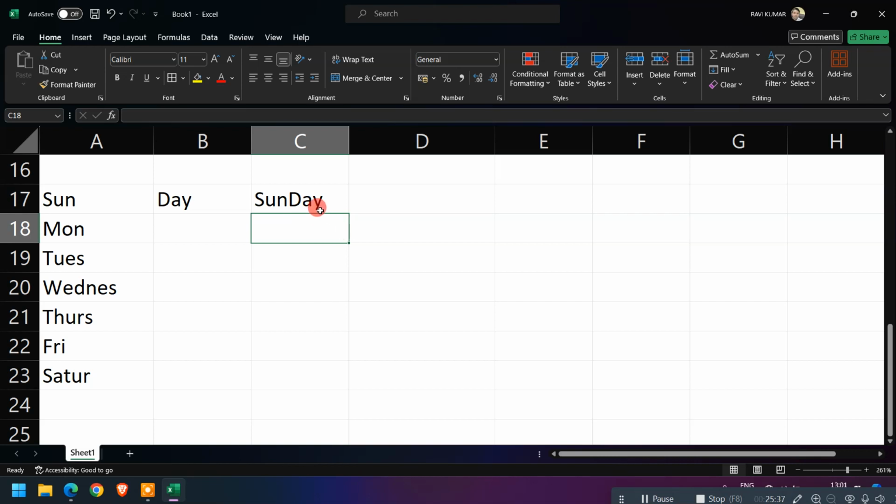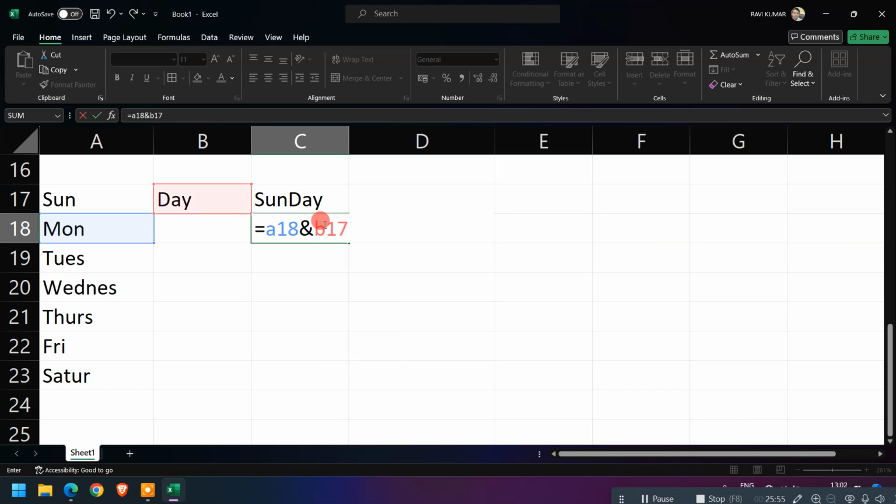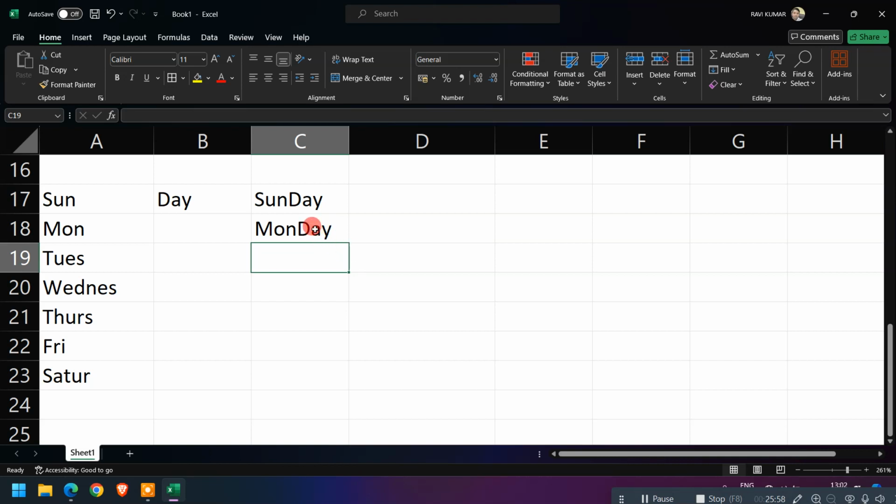If you want to apply it on Monday also, what you have to do is type the equal symbol, then the address of the Mon cell, A18, then the ampersand symbol, and after that B17. Like this you can do it for every cell.